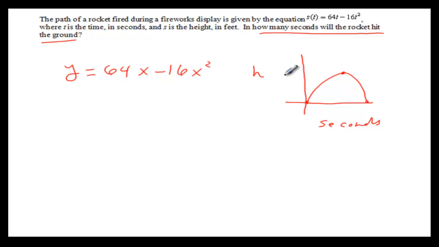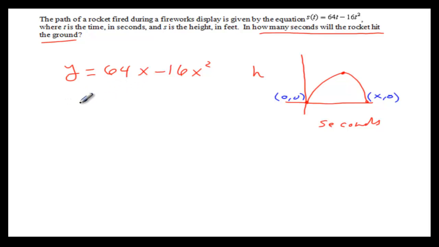The y value on the x-axis is always 0. Like here, the origin is 0 and 0. And here the value is going to be x, and the y value must be 0 on this side here.